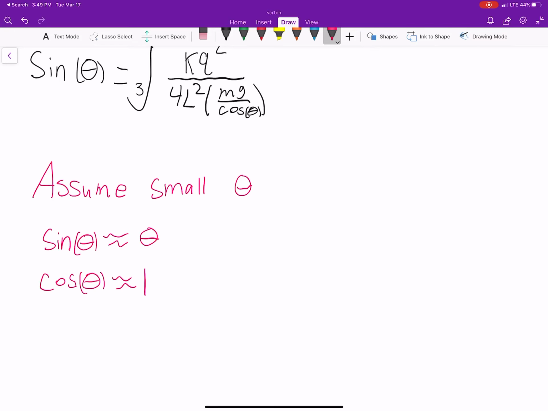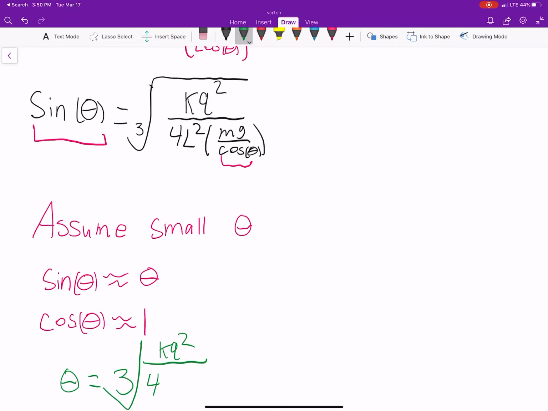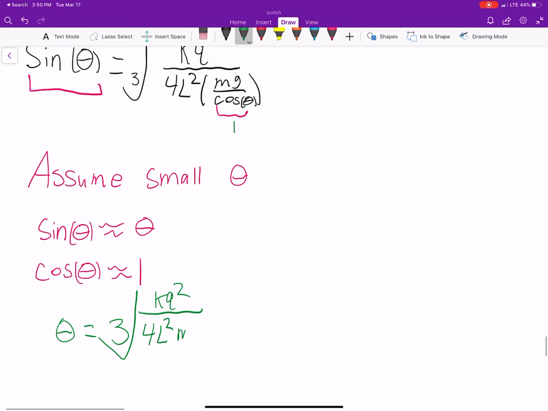You could also think of this as the linearization. So I can replace sine of theta with just theta and cosine with just 1. So theta, which is what we were looking for, is the cube root of k q squared over 4L squared, mg divided by cosine of theta, but cosine of theta is about 1, so that's just mg.